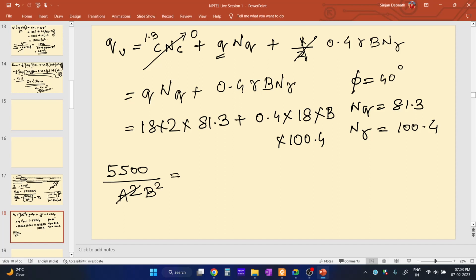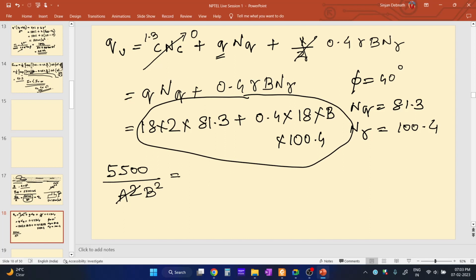B square is equal to, if you solve this part, you will get 2926.8 plus 722.9 into B.